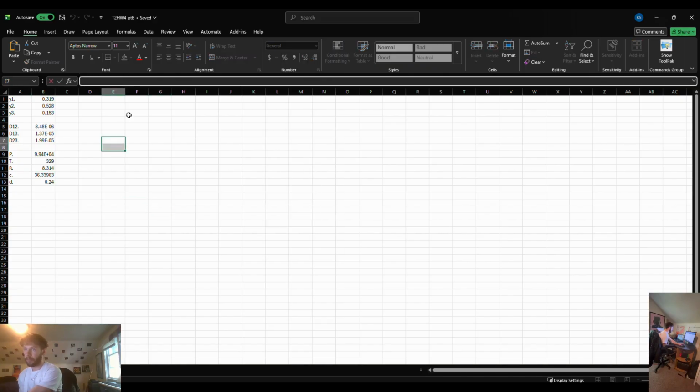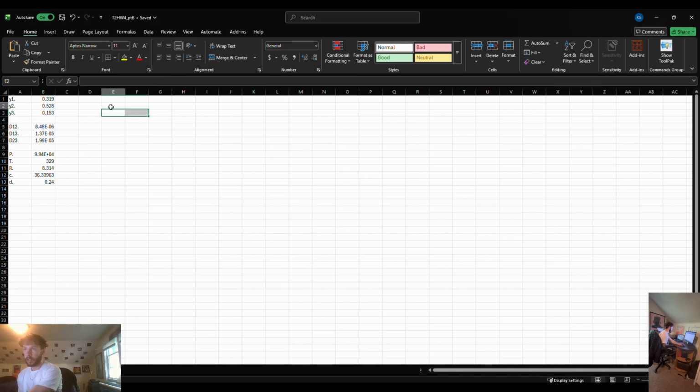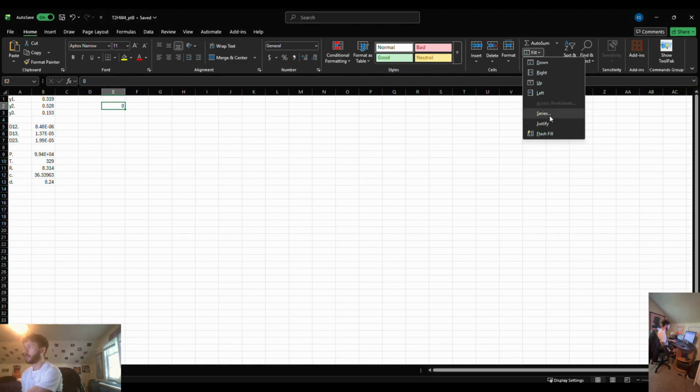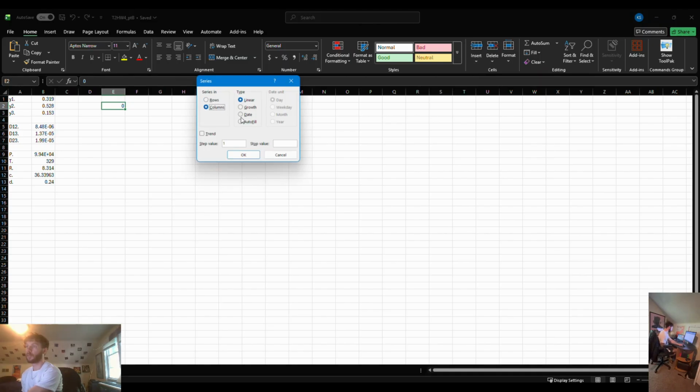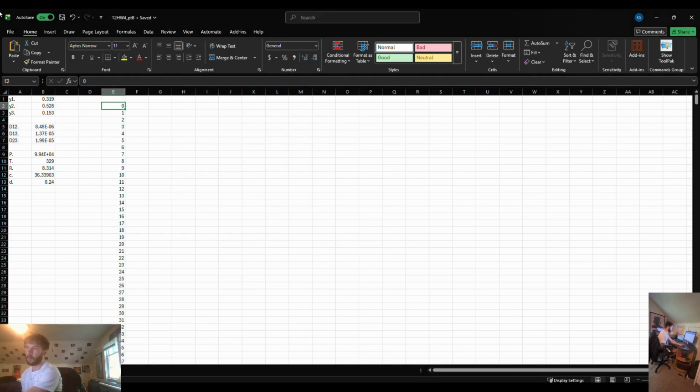Okay. So, to start this, we'll make 1,000 steps. So go to fill, series, columns, stop at 1,000. And then those steps will divide the thickness of our film by that number.